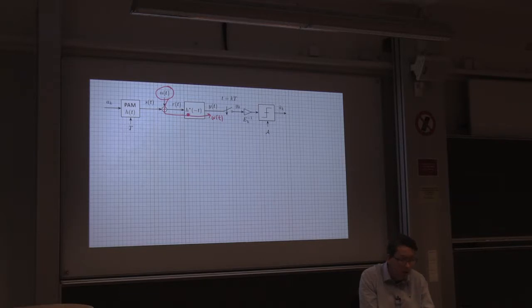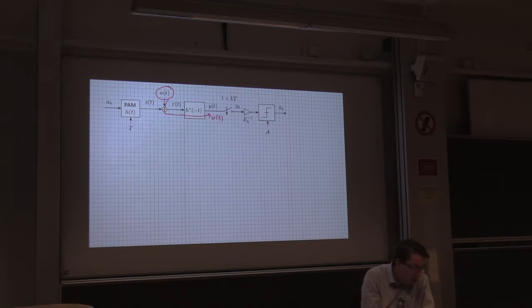What is the matched filter impulse response? It's a conjugated, time reversed version of H, which does not change the energy. So the energy of this impulse response is exactly the energy of H, and the derivation we just did holds for this setting also.